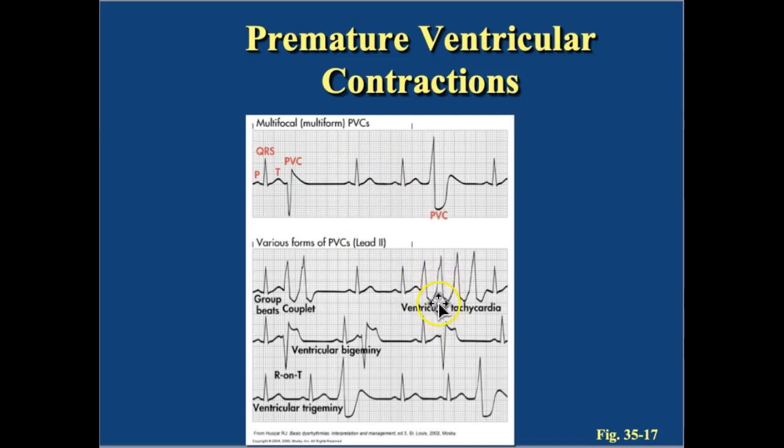With PVCs, you can see that QRS complex is widened. It's wider than the 0.12 that we'd like to see. So this is a wide complex issue. That will become important to you someday when you learn ACLS, because you treat narrow complex tachycardias and wide complex tachycardias differently.